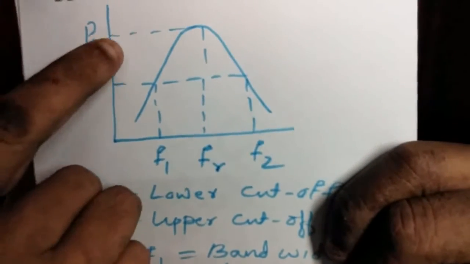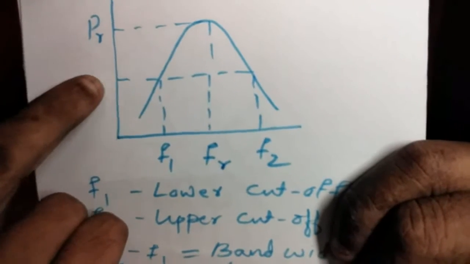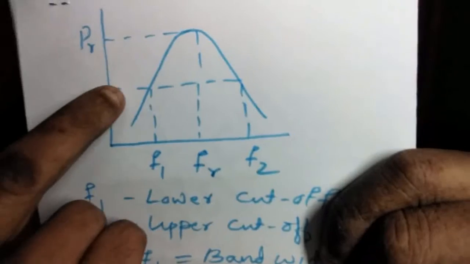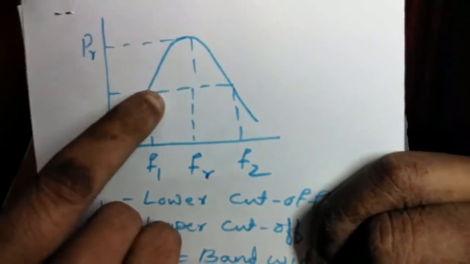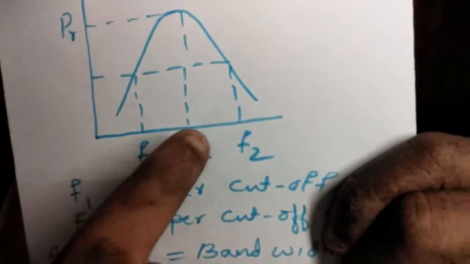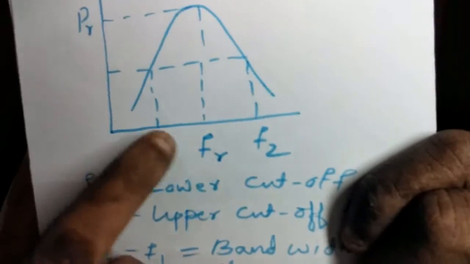Now this is PR by 2, half of this. If you draw a horizontal line like this, it will cut the graph at 2 points. One corresponds to a frequency F1 and the other corresponds to frequency F2.